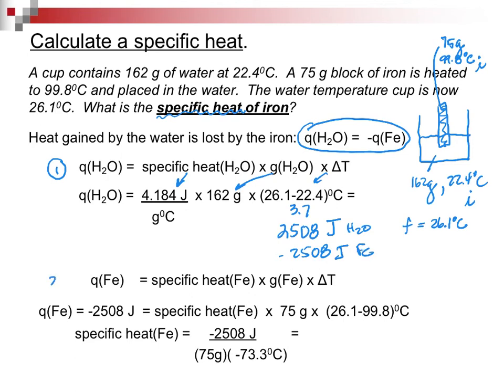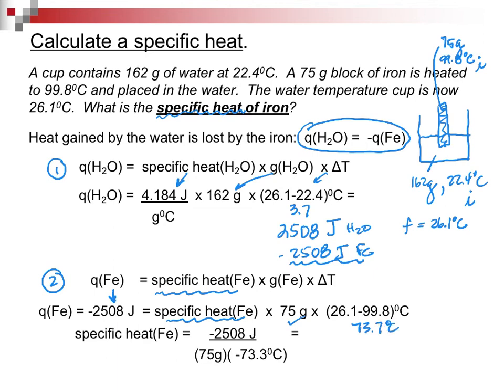That brings us to the second set of equations that we're going to use, where we're looking for the specific heat of iron, and we have the other variables provided. So here is my Q of iron. I've just noted it up here. Here we're looking for that specific heat. We have 75 grams, and we have a much larger temperature change, 73.7 degrees centigrade.